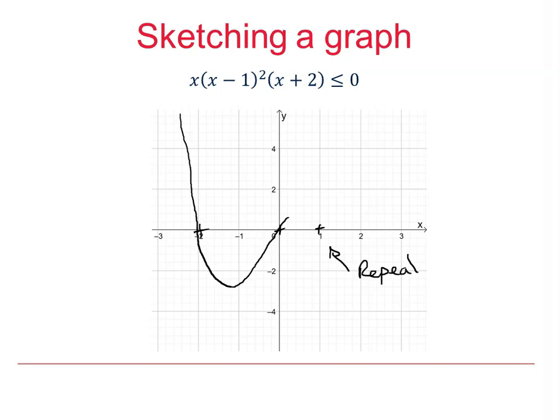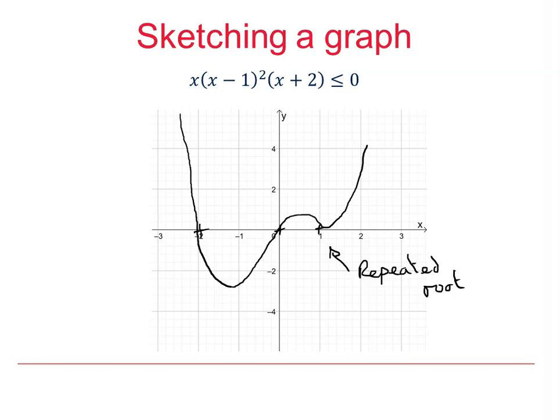It's that x minus 1 all squared, and that is a point at which the graph will just touch the x-axis rather than crossing it. So it goes in this sort of fashion, touching the x-axis and then back into the positive region.